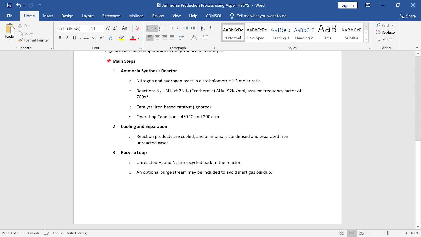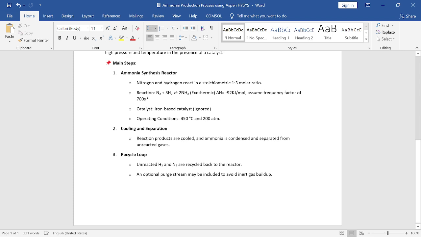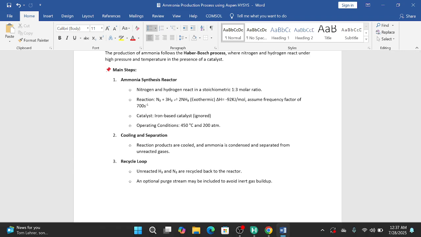This is an exothermic process, and the energy is negative 92. At this point, like I said, ammonia is ignored. It's the operating conditions for our reactor. So let's start the process.